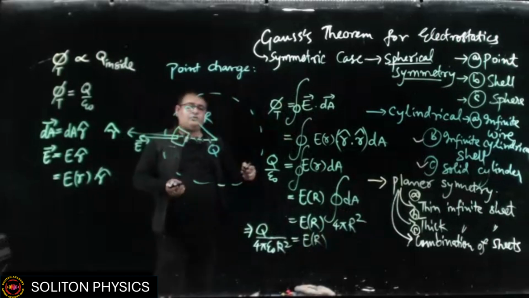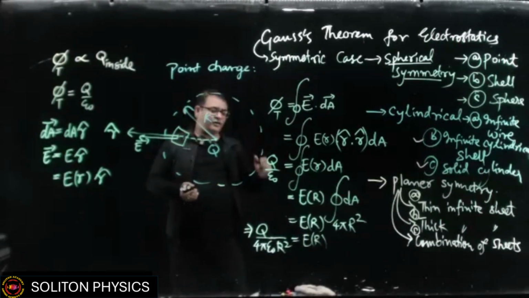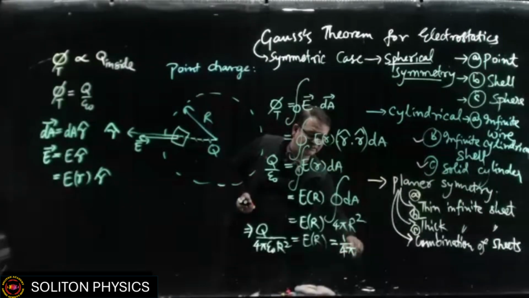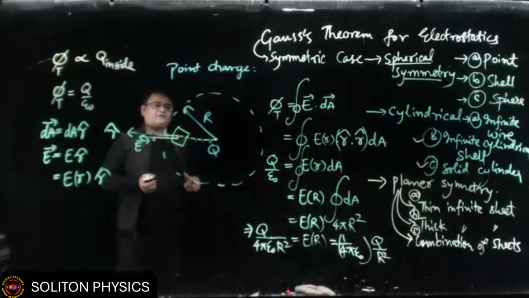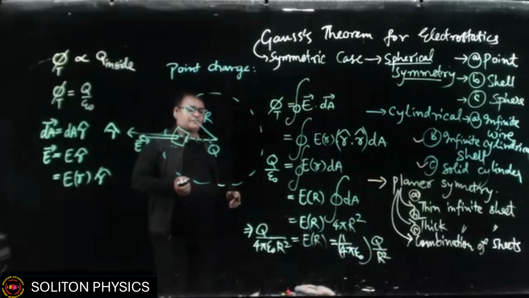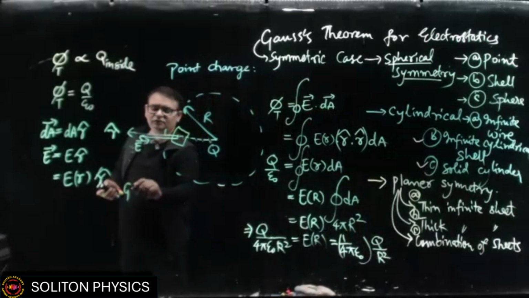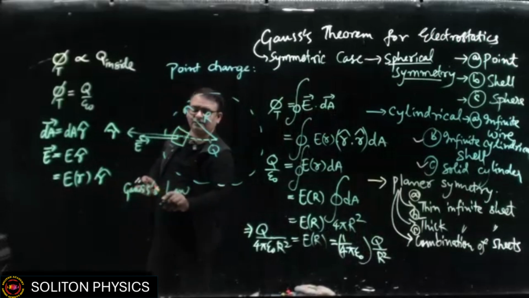Now, according to Coulomb's law, we got exactly the same thing. And at that point, I said 1 by 4 pi epsilon naught is a proportionality constant, and Q is the charge. Because of that, there is the field. Right? So from this, we prove that Gauss law is equivalent to Coulomb's law.